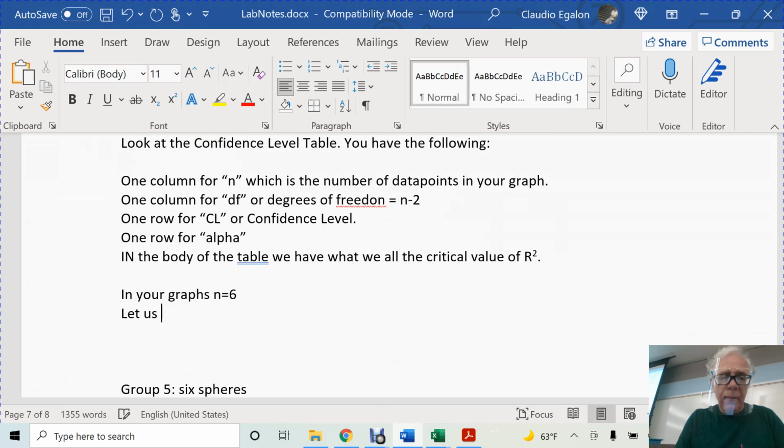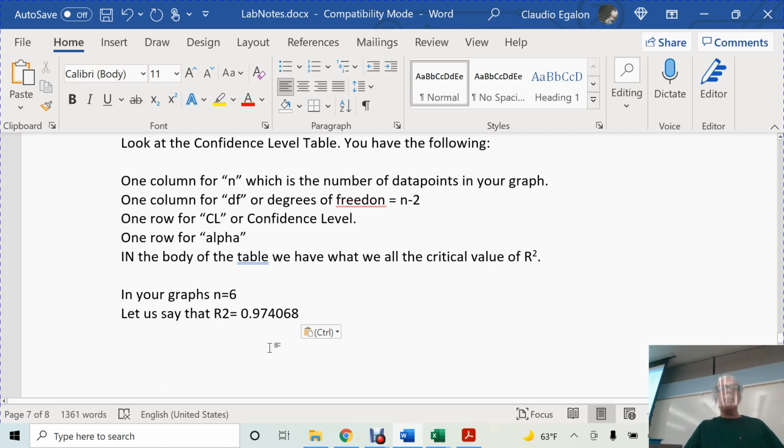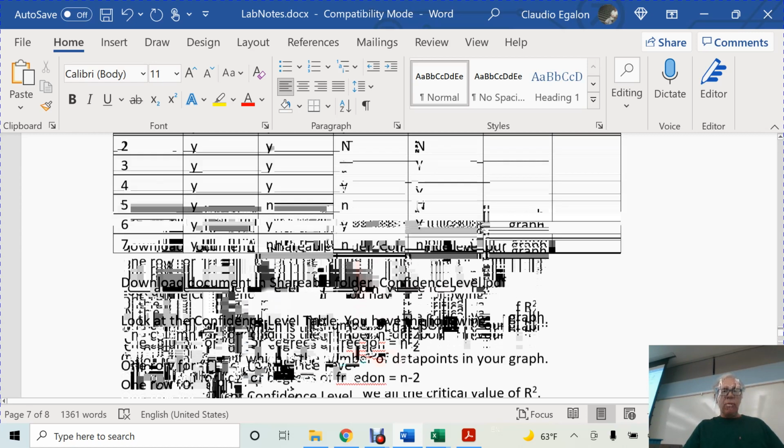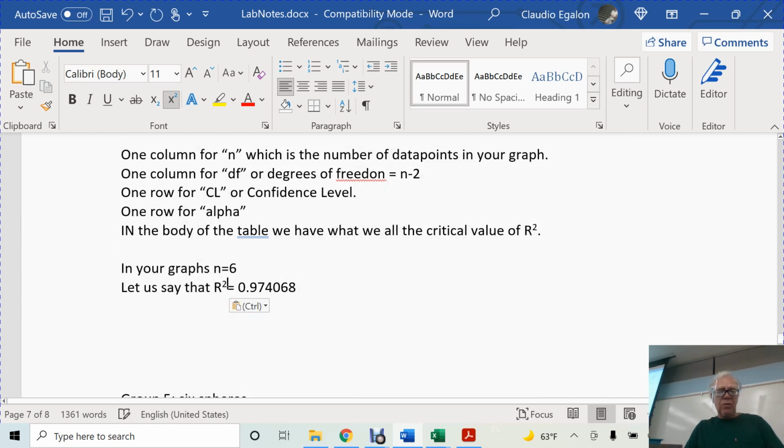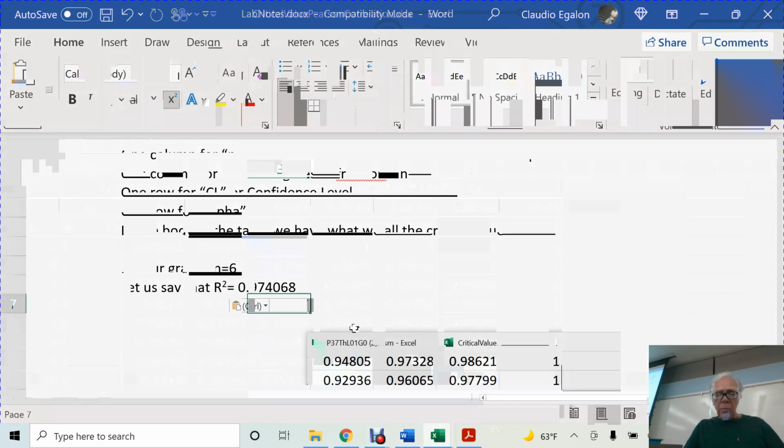Let's say that r squared is equal to this value. It's not going to happen, by the way. You're not going to get a value exactly like that. But just for the sake of an exercise for you to understand how this table works, suppose you were lucky enough and got exactly this value of r squared. What's going to be the confidence level of your data? So you go to your table, you find this value here.